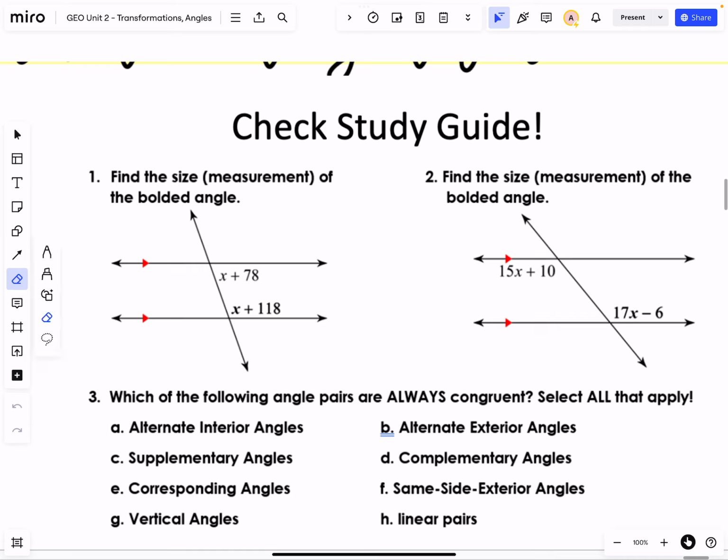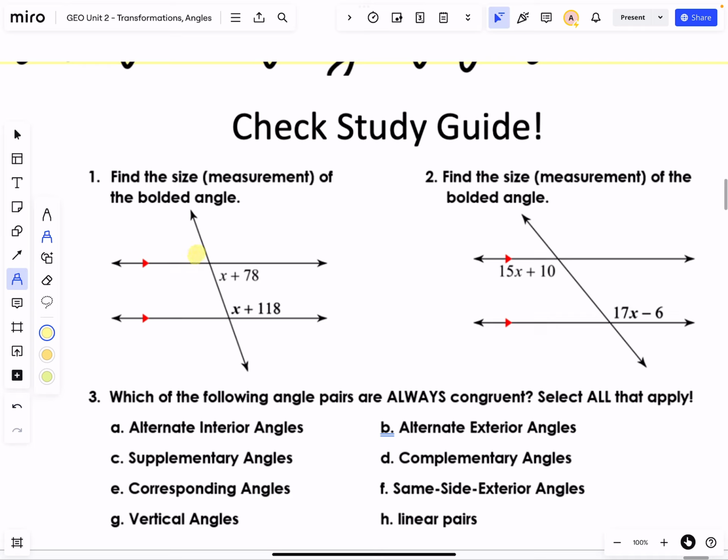All right, after you've done that, let's talk about how to do this. Okay, so if you're unsure how to set up these problems that have parallel lines with a transversal, you need to remember that, first of all, those red triangles mean you have parallel lines. When you have parallel lines, you've got this relationship where every other angle will be the same measurement.